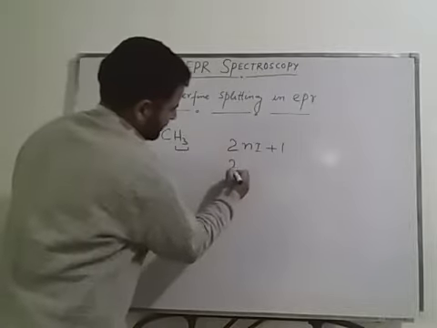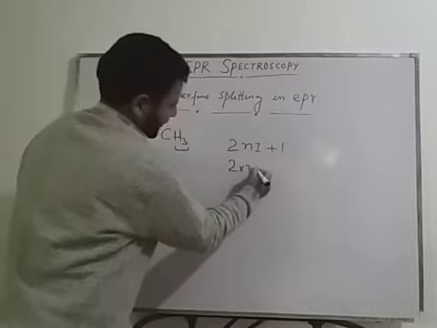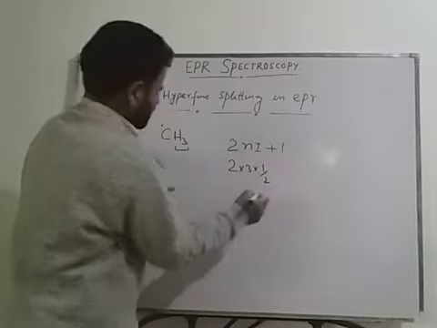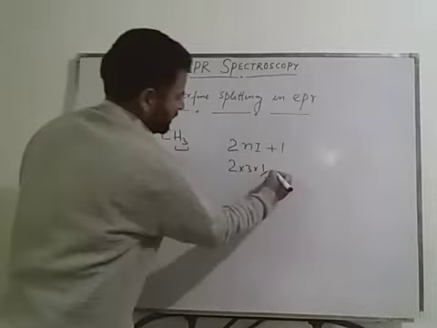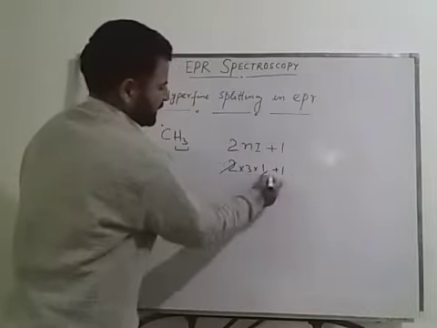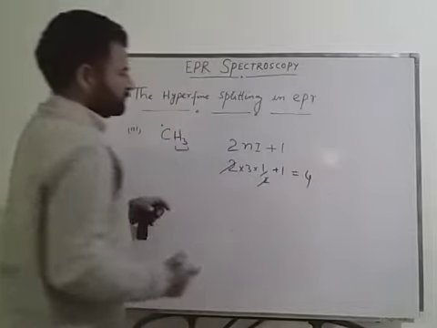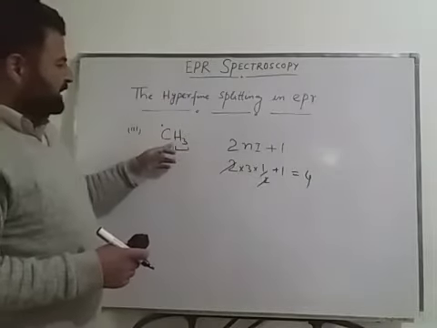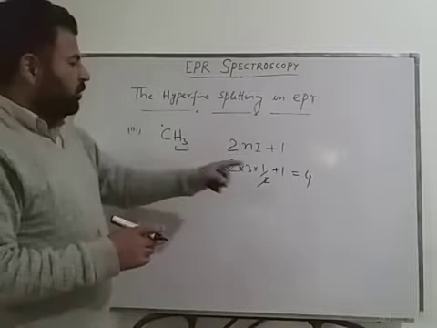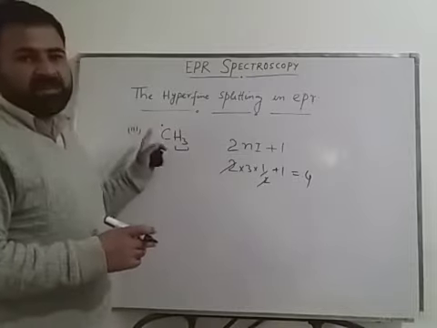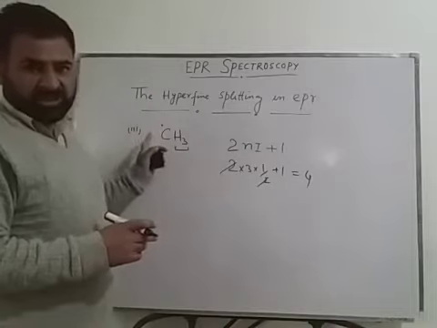It will be 2 into 3 into I, which is 1 by 2, because for every hydrogen the nuclear spin is 1 by 2, plus 1, and it will be equal to 4. So the nuclear spins from the three hydrogens will have 4 orientations with respect to each electronic spin orientation.